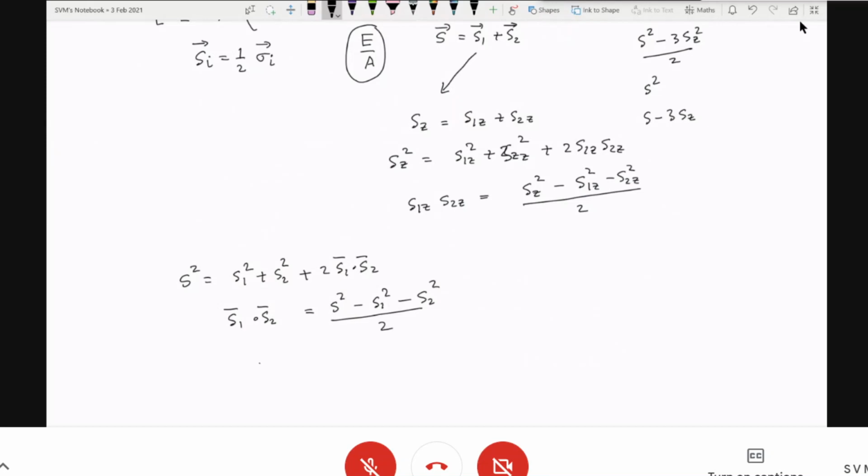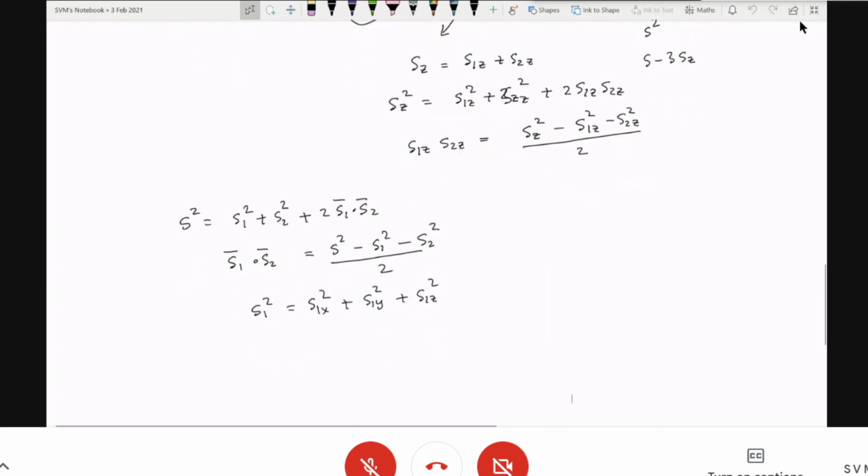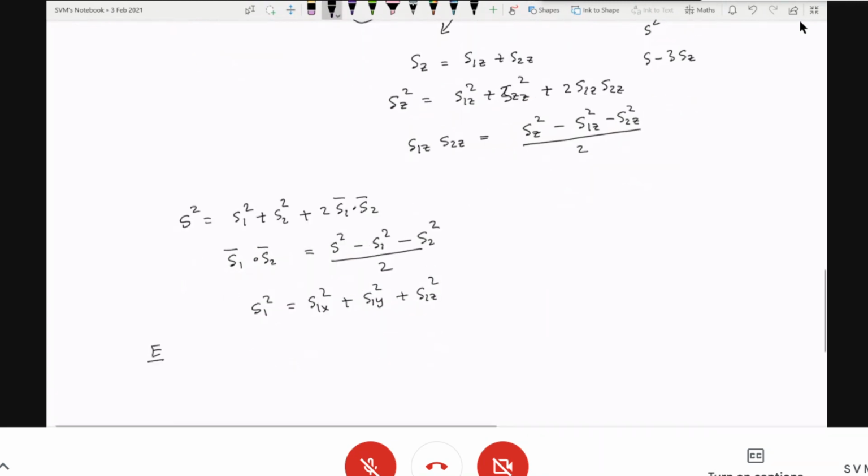So I can write this S1 square as S1x square plus S1y square plus S1z square, similarly for 2. So if I write down this E by A, it is equal to, there is a half here and half here, so let me pull that out, half.